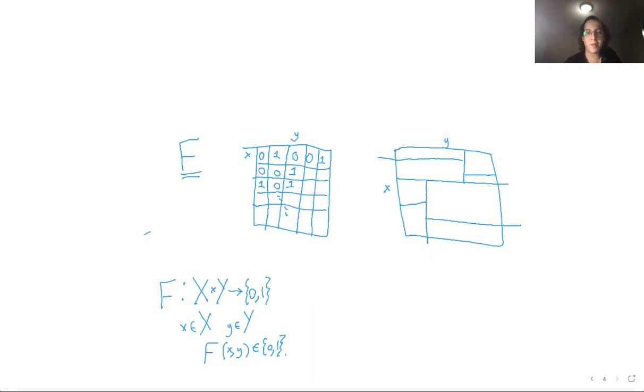Basically, each of these rectangles must have become monochromatic, because suppose there was both a 0 cell and a 1 cell in a single rectangle. Then when Alice and Bob are given x and y that land within this rectangle, if they follow the protocol and narrow down which rectangle they're in, at the end of the protocol they still won't be able to tell the value of f of x, y.